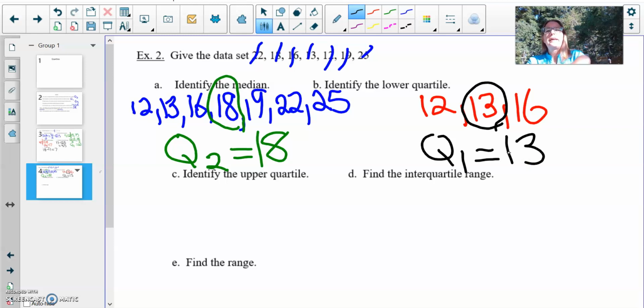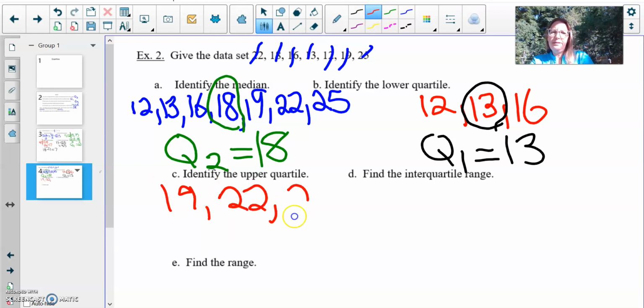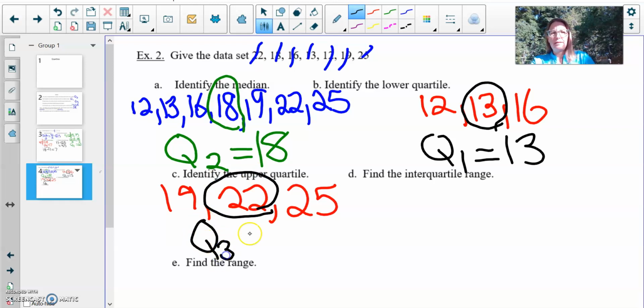For the upper quartile, I do the same process for the upper half of the data. I look at 19, 22, and 25, and find its median, which is 22. So my upper quartile, which is the same as the third quartile, is 22.